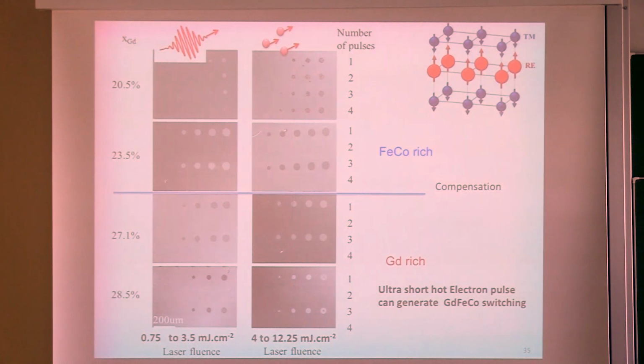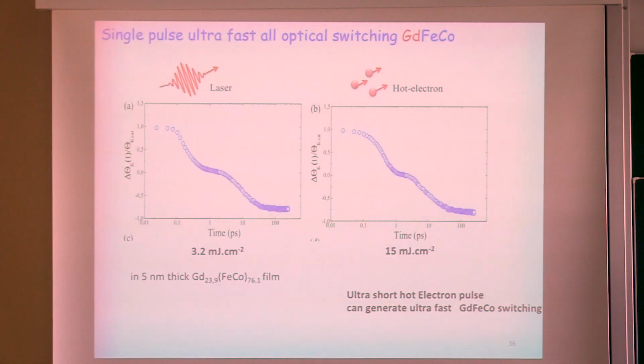So this is done after a long time after the reversal. We looked also at the dynamic, and you clearly see that we have the same kind of dynamic for the switching of gadolinium cobalt from 1 to -1 with laser and with hot electrons. So we have the same kind of quasi-static switching. We have the same kind of dynamic.